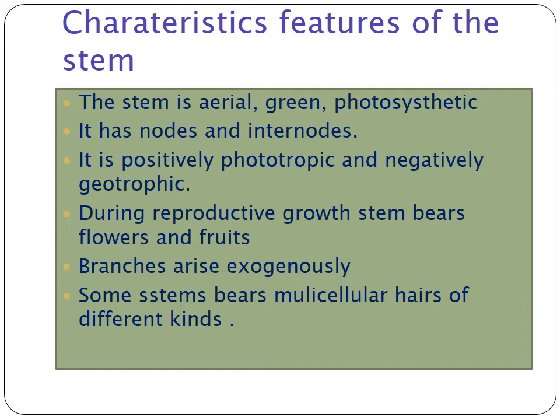Then the third point is that it is positively phototropic and negatively geotropic. What is meant by positively phototropic and negatively geotropic? While we learned the root system, you learned these words. But the root is negatively phototropic and positively geotropic, because the root grows in the soil.